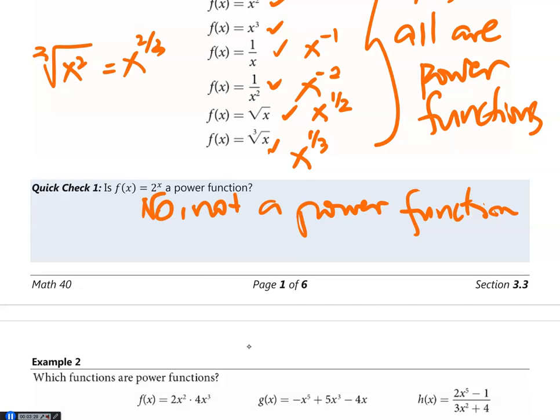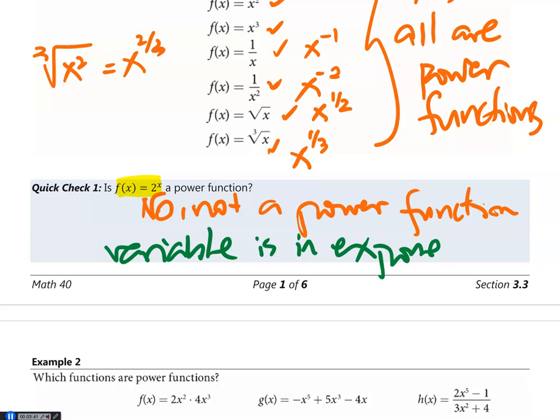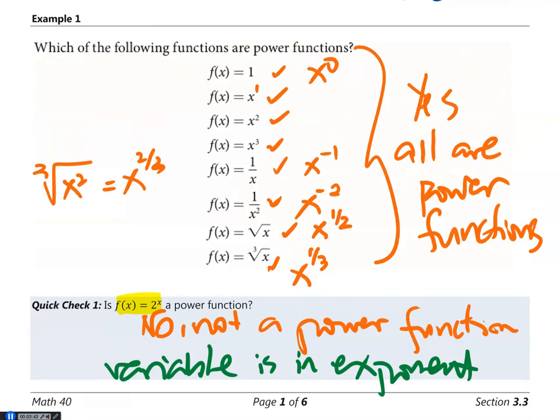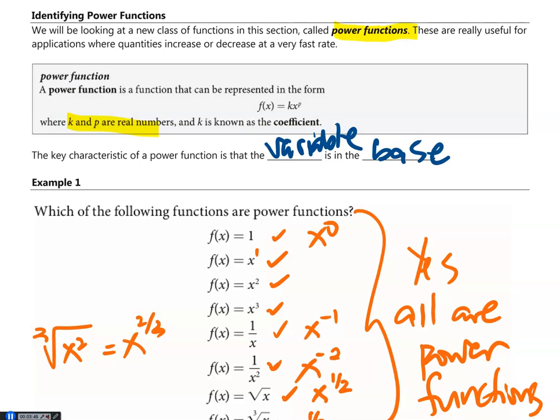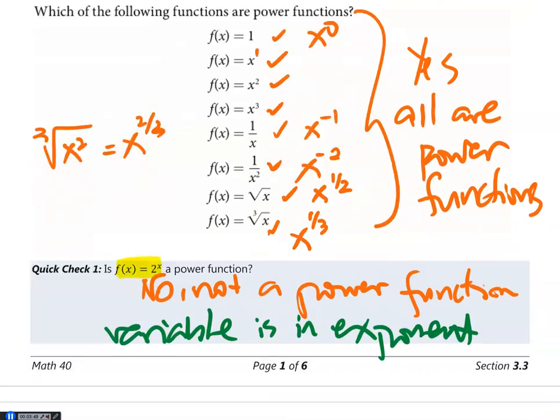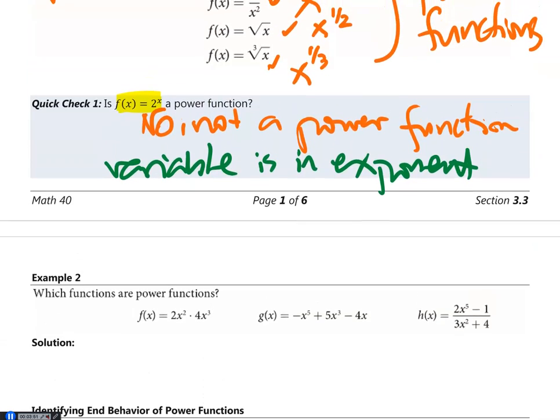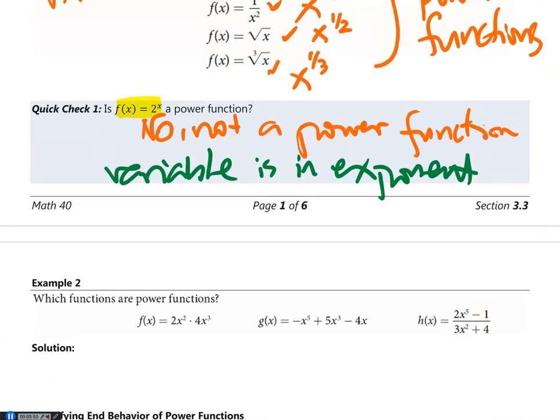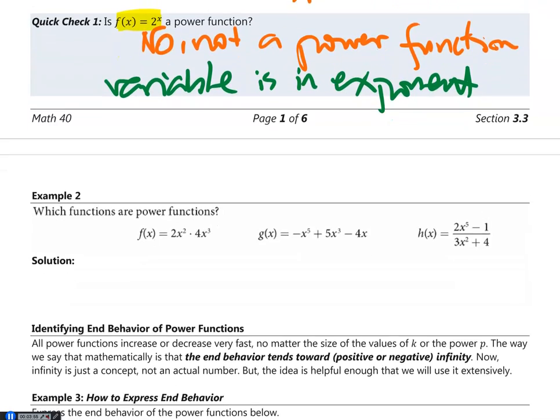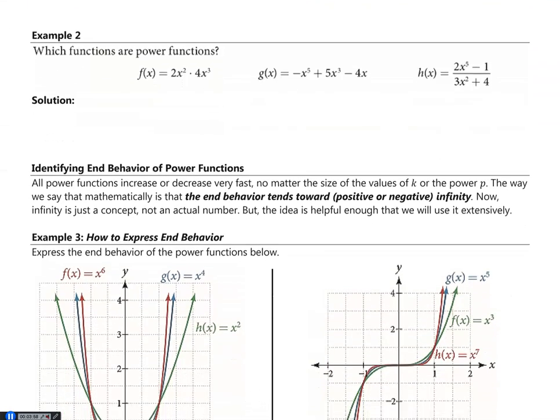Because, look at this, the variable is an exponent. So remember, by the definition of a power function, f(x) = kx^p, the variable is the base, but here x is in the exponent, so it is not a power function.